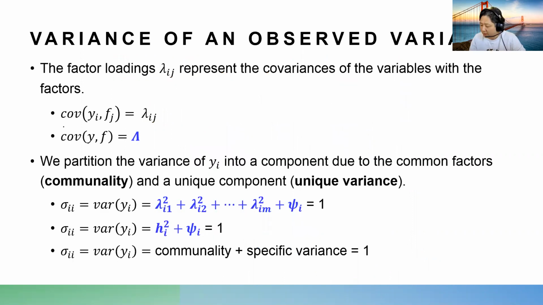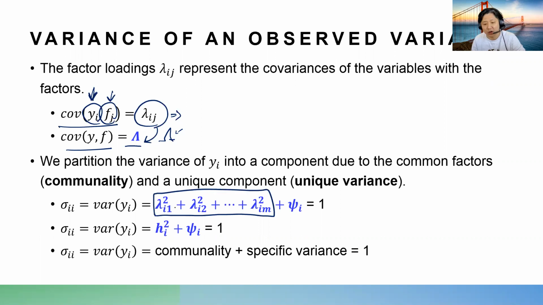The covariance between an observed variable and a factor is the factor loading. Like I said, the factor loading is the covariance or correlation between your variable and the factor scores, and that can be written as the loading matrix. The sum of the squared loadings, the sum of lambda squared, is the communality.